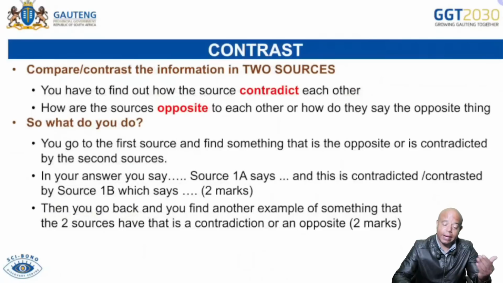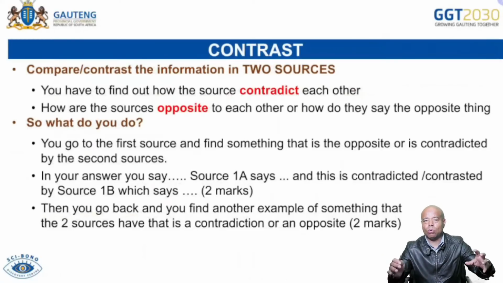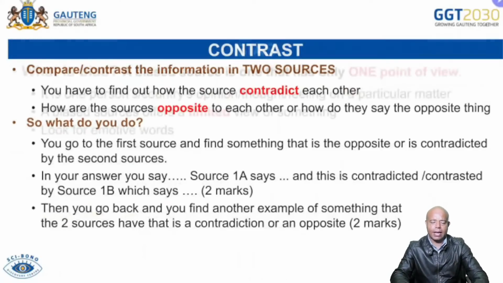Now you go back to 1A and you say source 1A says there were guns, and this is contradicted by source 1B, which says the people were using toys. So what is the contradiction? Guns and toys, and that's how you find your 4 marks. You must go twice back, learners, to 1A, and twice to 1B to pick 2 things that are contradicting each other.